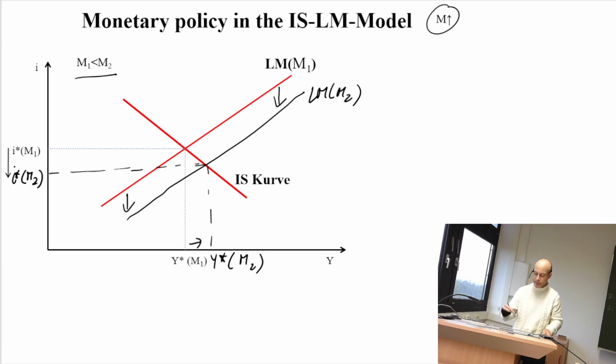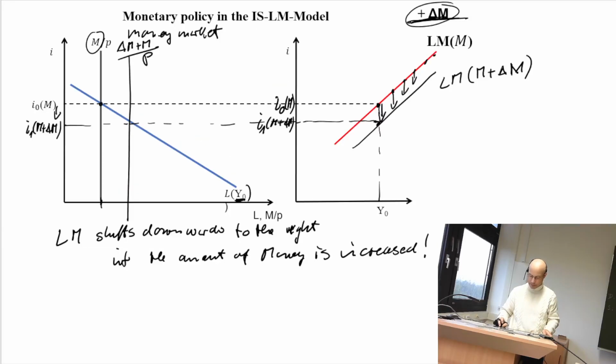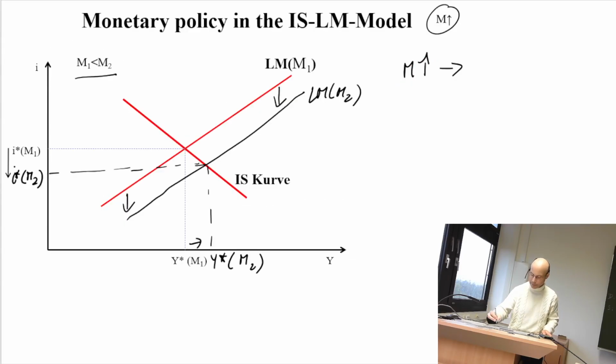And how is the argumentation here? Well, we have M goes up. If M goes up, then we found here that interest rates are falling. If interest rates are falling in the money market, then these interest rates enter the commodity market.